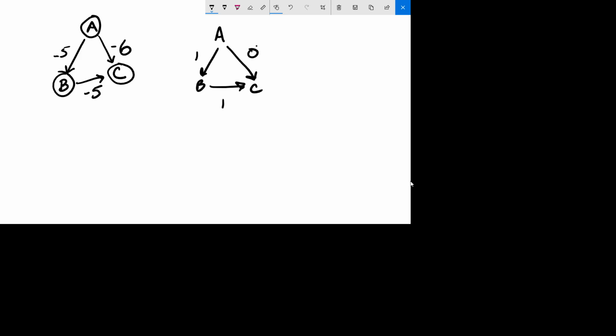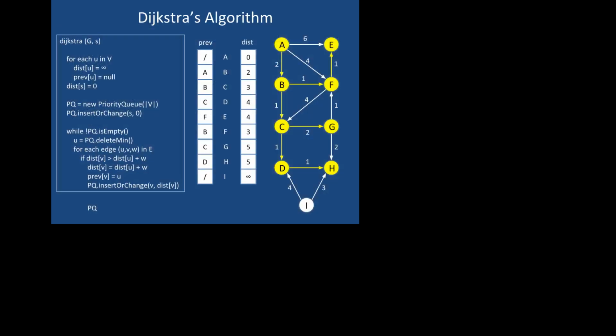Okay, so back to where we were. What remains with Dijkstra's algorithm is a couple things. There's to analyze the complexity. And the complexity is interesting because what we will see is that the complexity of Dijkstra's algorithm depends on the complexity of the priority queue.